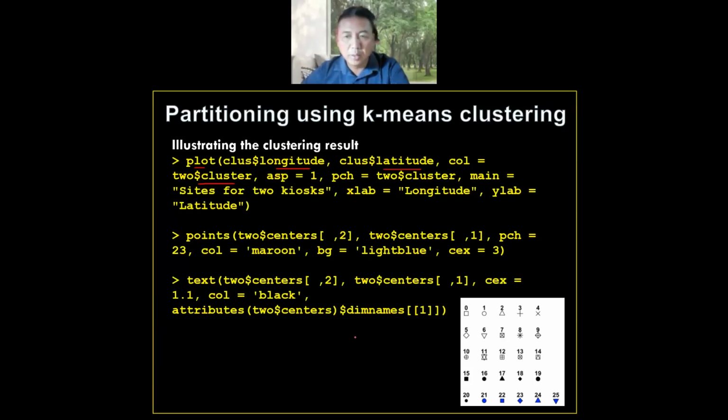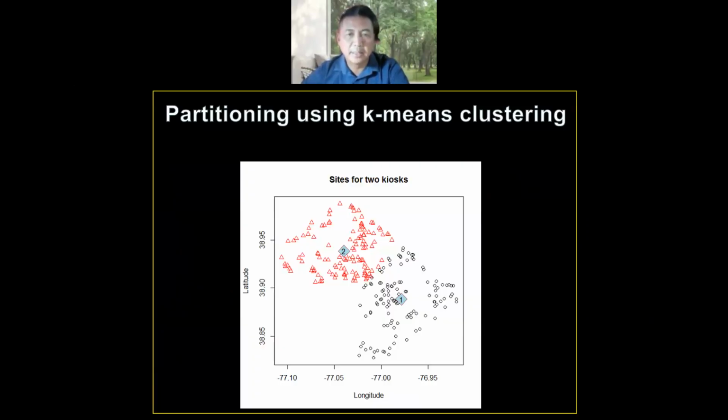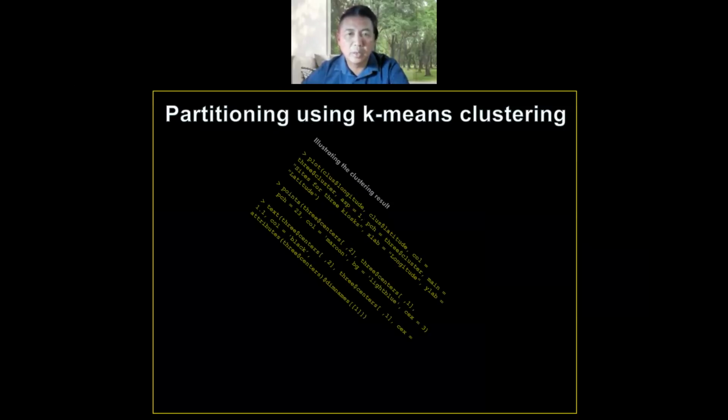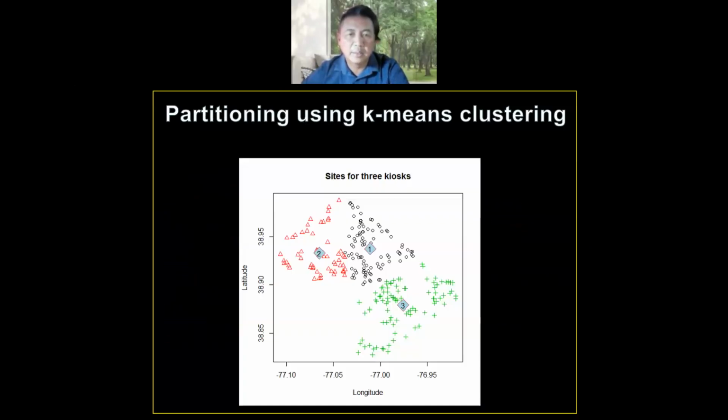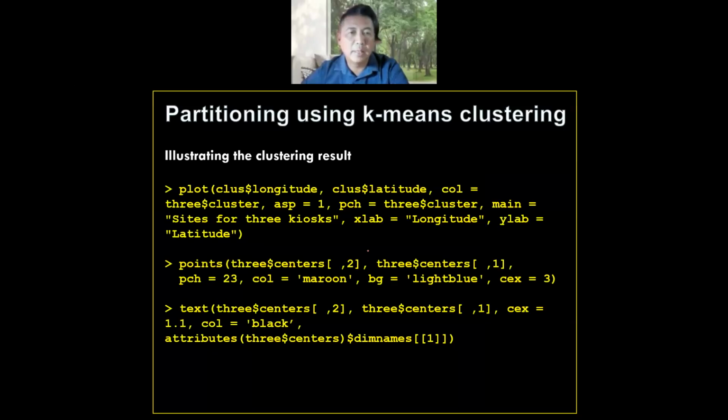And what you see at the end is something like this. This is what you want to produce. You want to produce 2 sets of clusters, or you can do 3 sets of clusters. The command that we have here, the first one is we plot all the membership, and then we plot the center, and then this is the text of the center.